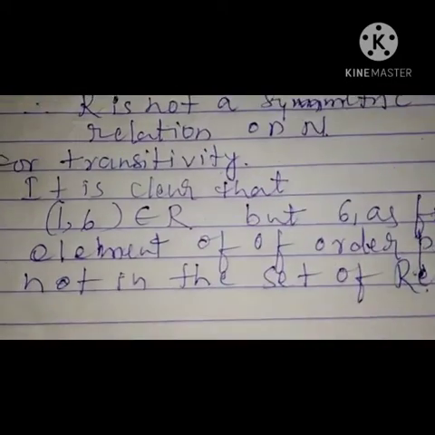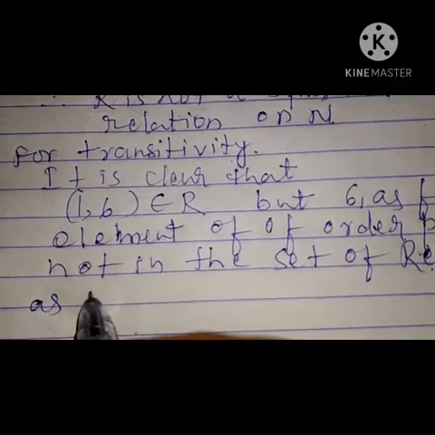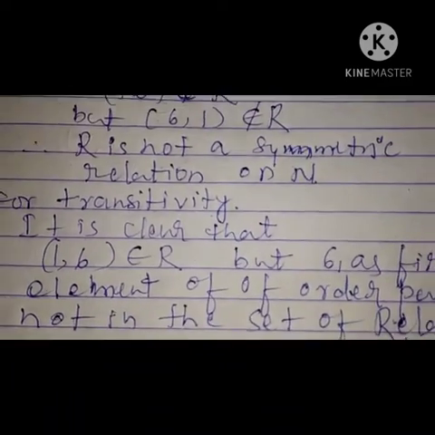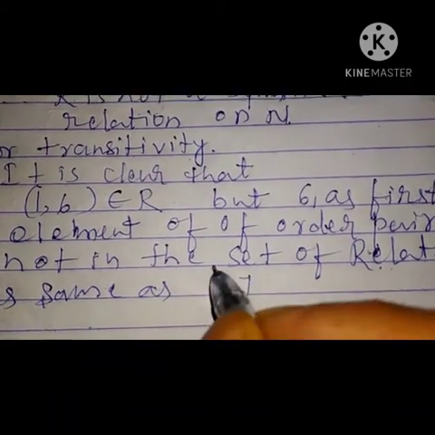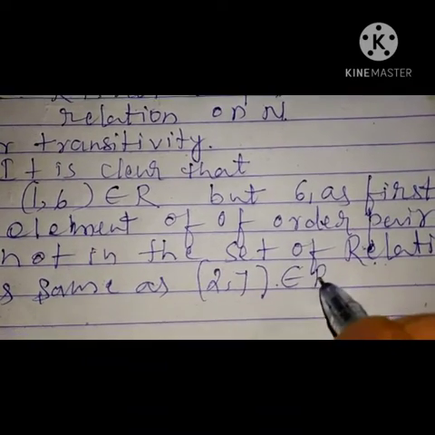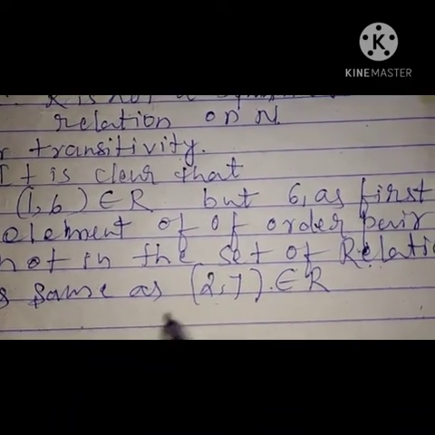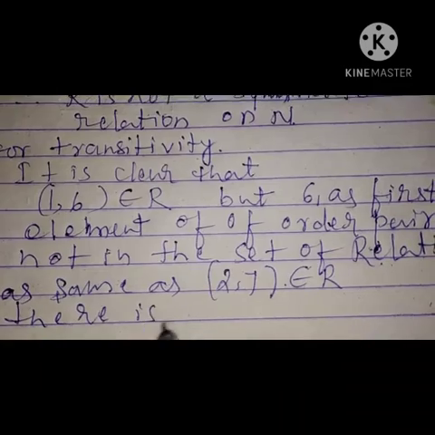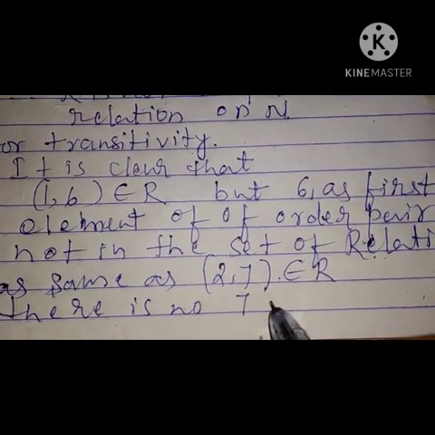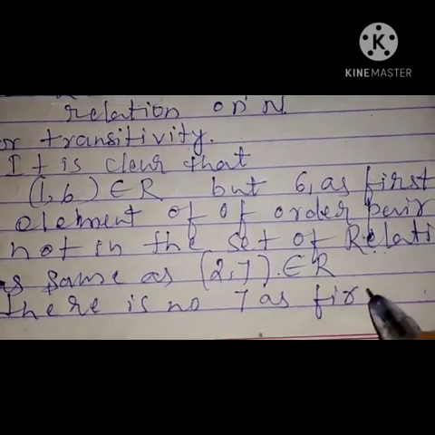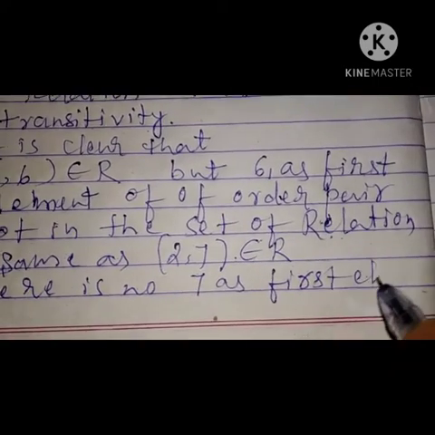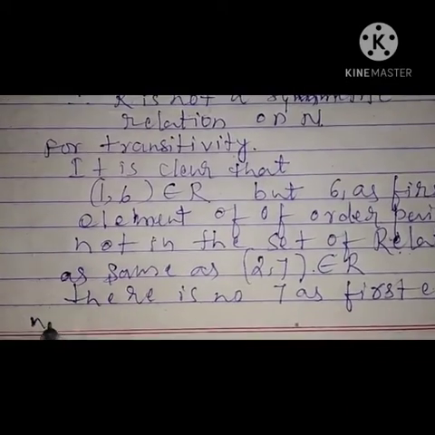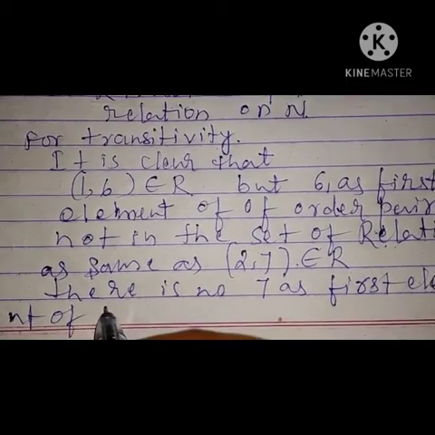As same as that, (2, 7) belongs to R, but there is no 7 as first element of an ordered pair.